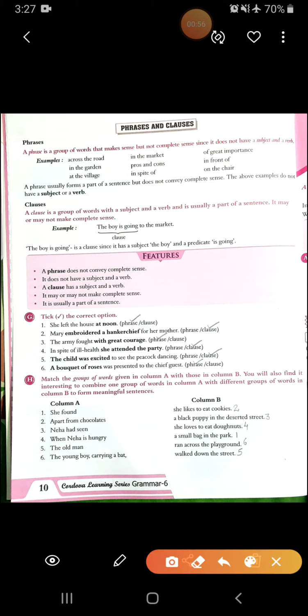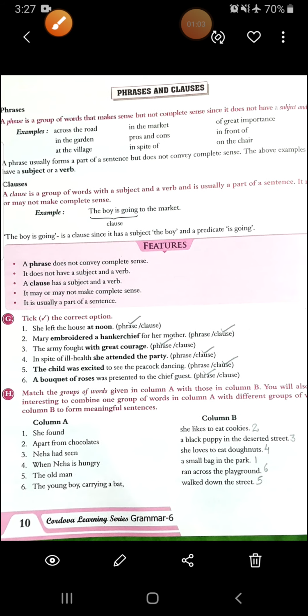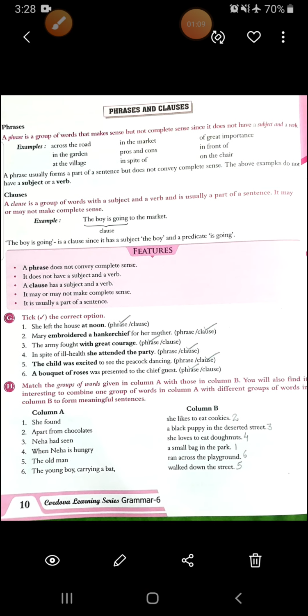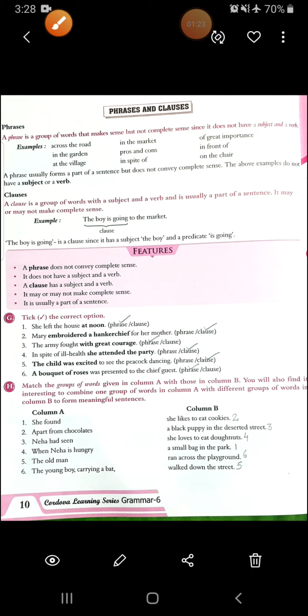Now, if you see on your page 10, the topic is phrases and clauses. And if you read the definition that is given here, a phrase is a group of words that makes sense but not complete sense, since it does not have a subject and a verb.